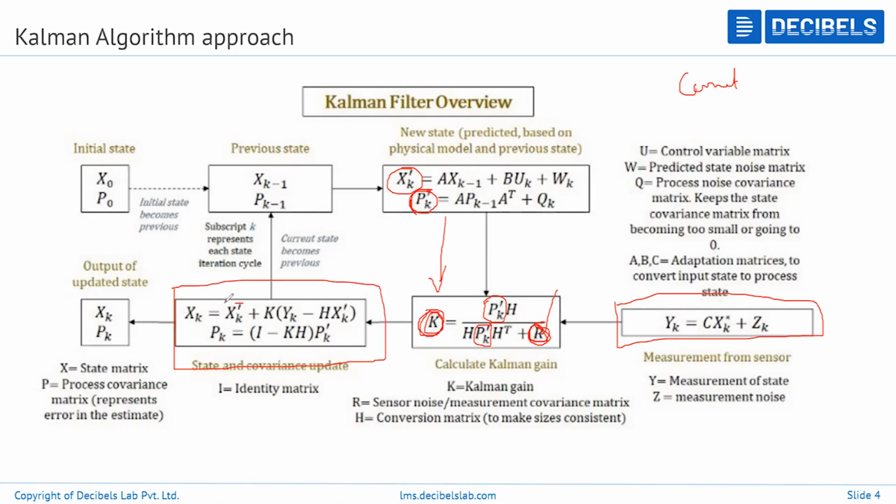The Kalman gain is coming from here, y of k is coming from here, and x of k is again coming from here. With this, you will come up with the state update.